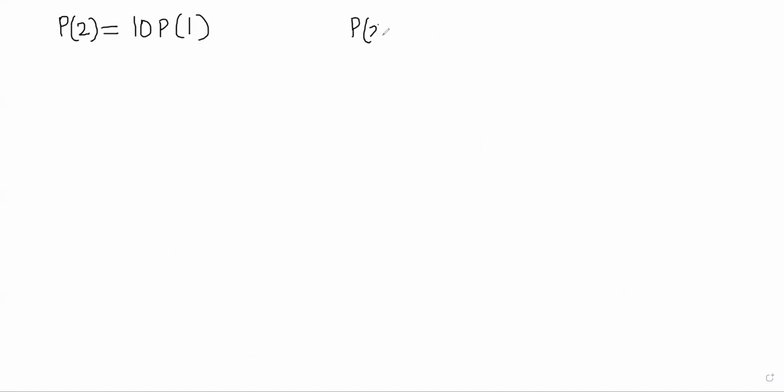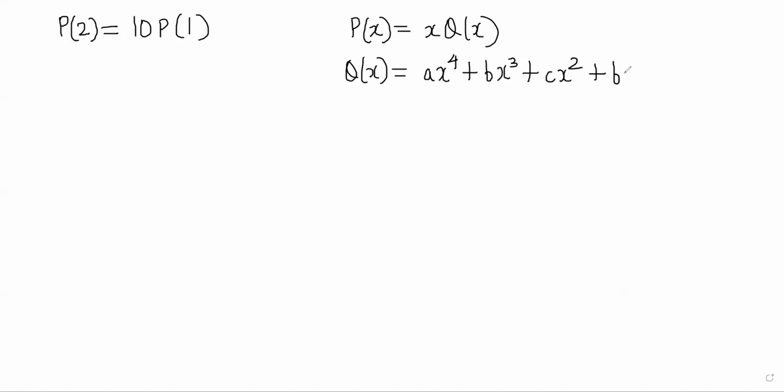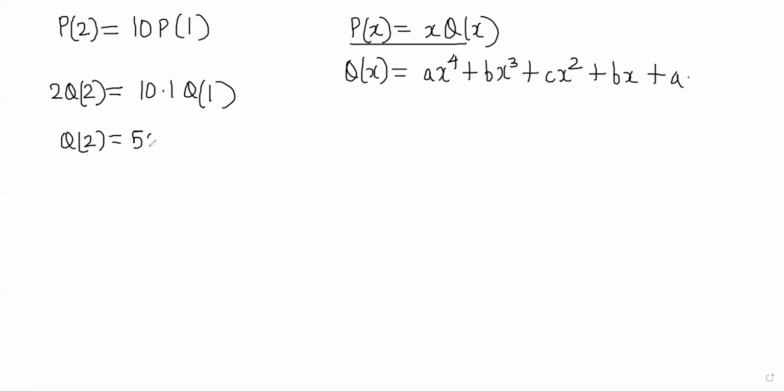And we know that p of x is equal to x times q of x, and q of x is equal to a x power 4 plus b x cube plus c x square plus b x plus a, right? So using this information, we get p of 2 is 2 q of 2, which is equal to 10 times p of 1, which is 1 times q of 1. So you get q of 2 is equal to 5 times q of 1, right?